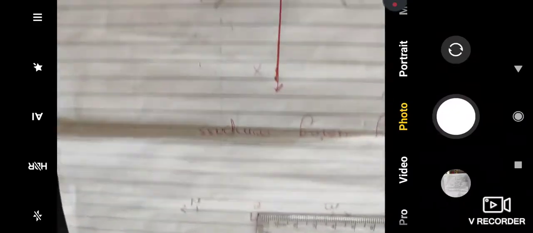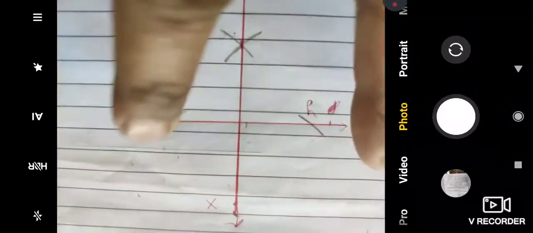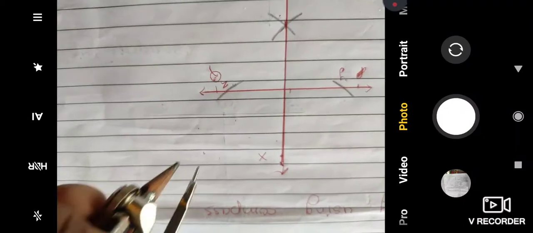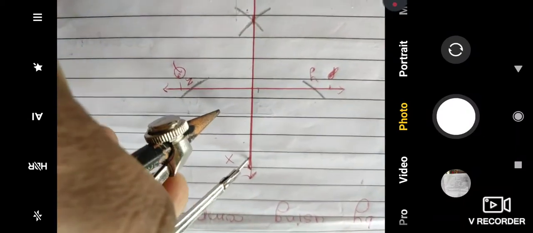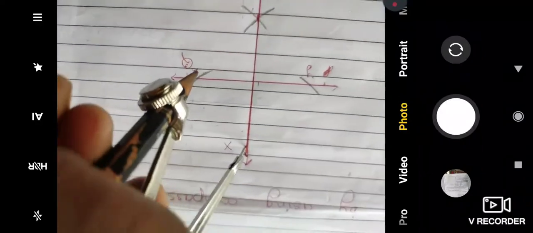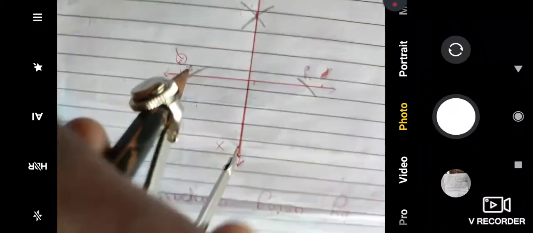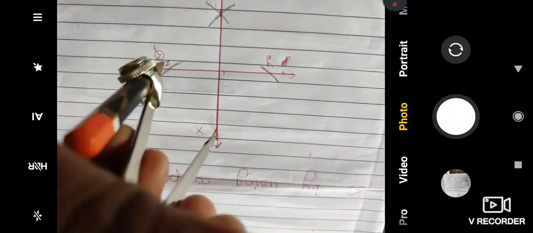And at last, by using a compass, first of all we have to draw the line, then take a compass. How to adjust I showed you. Then keep this metal point on the given point which is above the line, and then take a distance in a compass. Okay, and then draw the arcs on both sides of point X, this side and that side.